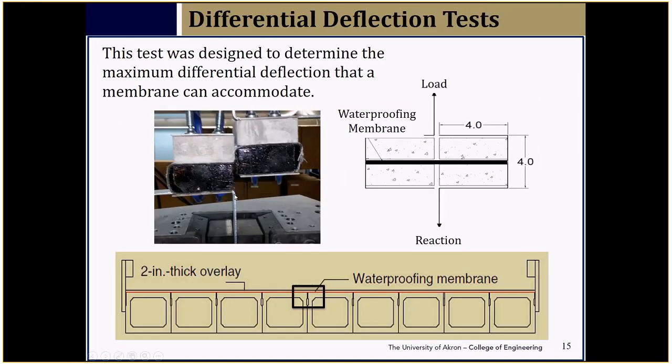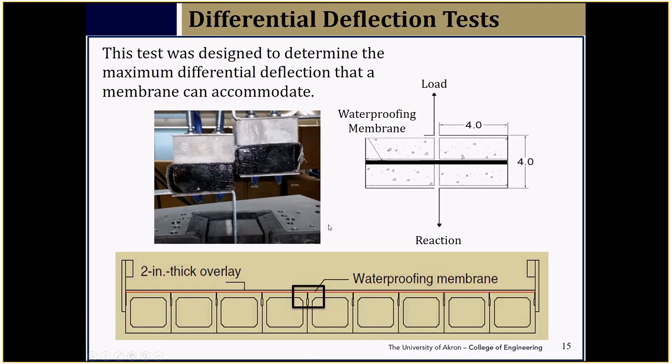Then we tried to understand the membrane performance in terms of differential deflection. So if you see the figure at the bottom, we are trying to focus on the differential deflection of adjacent beams, and once the joint is damaged, then these beams are primarily acting as single units.